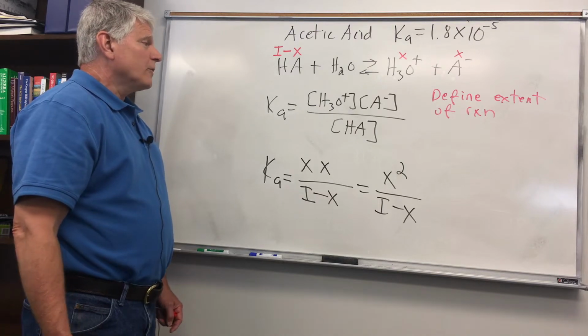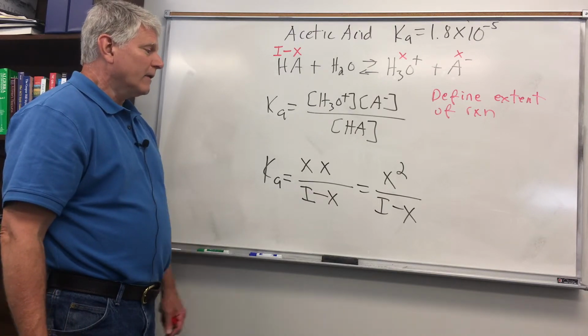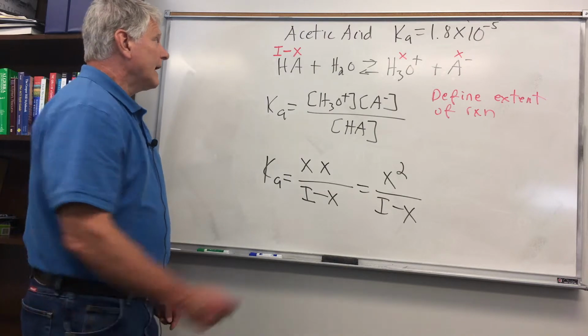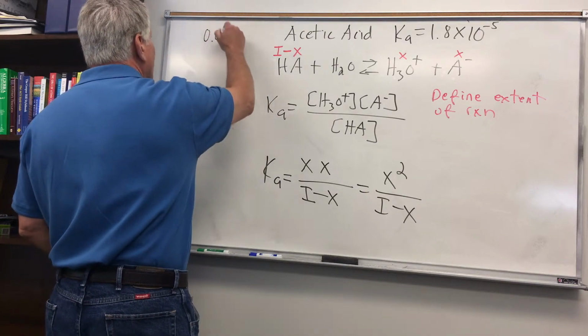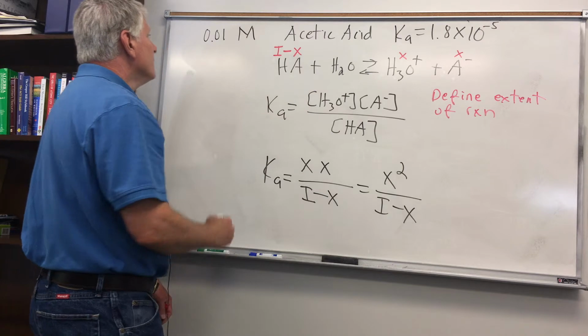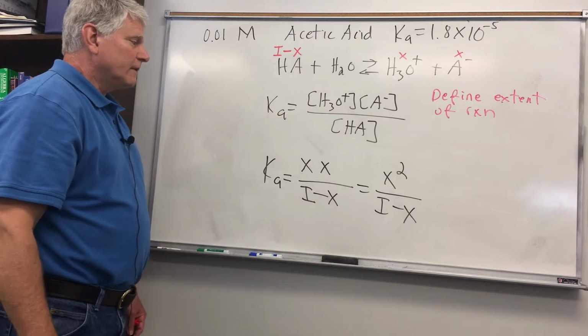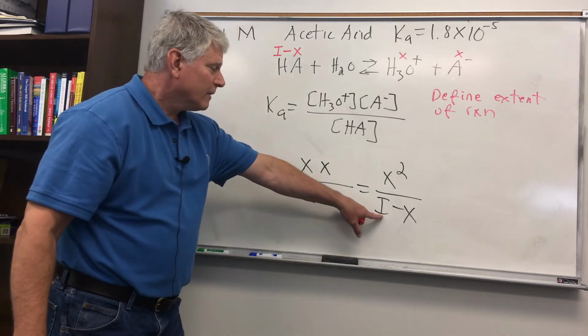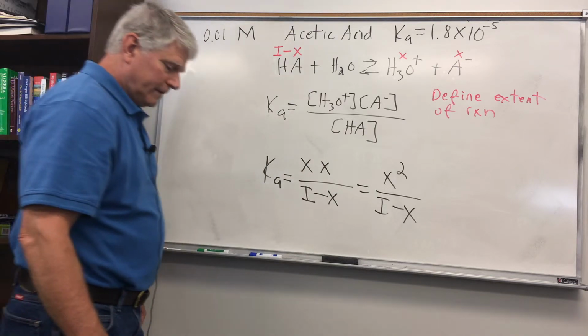So let's say we start with a specific initial amount for acetic acid. Say it's 0.01 molar acetic acid solution. So that means initial amount will be 0.01.